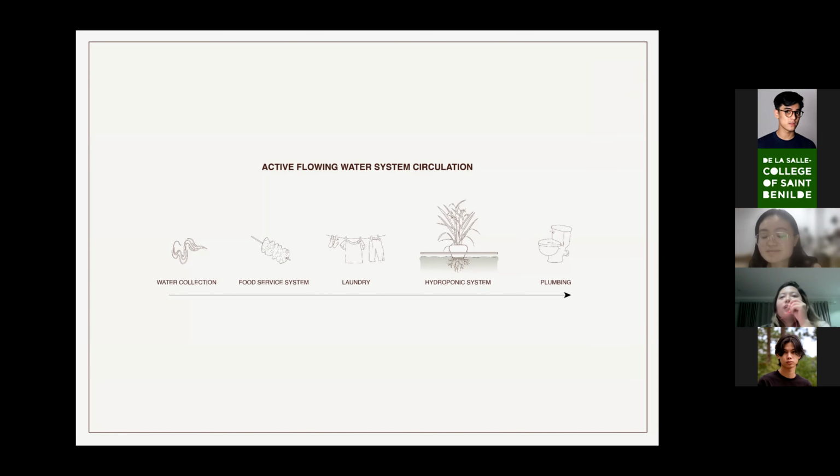Okay, so our general focus for the fabric building was to utilize the process of active water flowing throughout the entire structure. That includes a water collection system that we created that serves as a food service system, which also allows for the hanging of laundry, and the hydroponic system for the planting, as well as the plumbing.